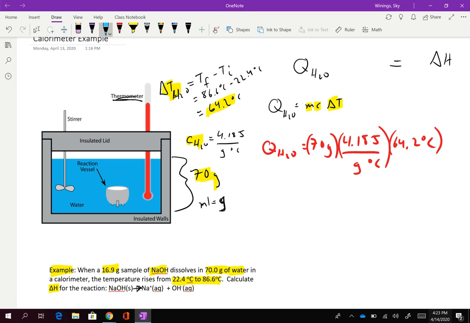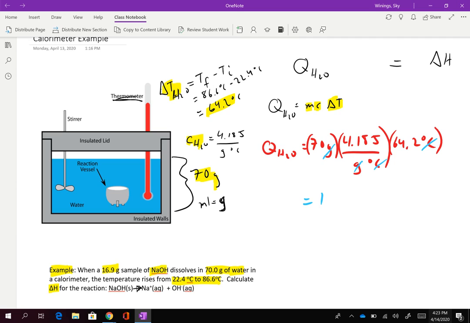Let's look at the units crossing out. Grams cross out, Celsius crosses out, and we're left with joules. We get an answer of 18784.9 joules. That's the Q of my water.